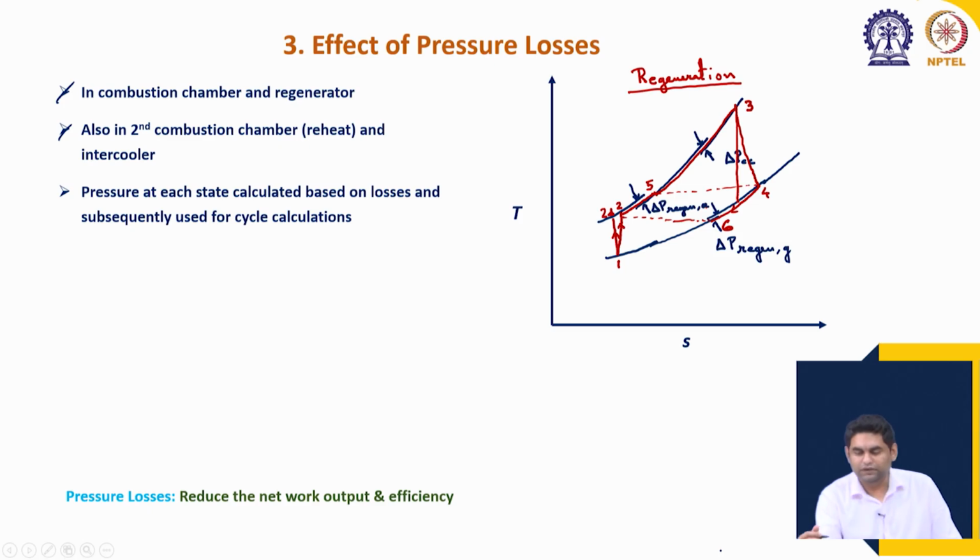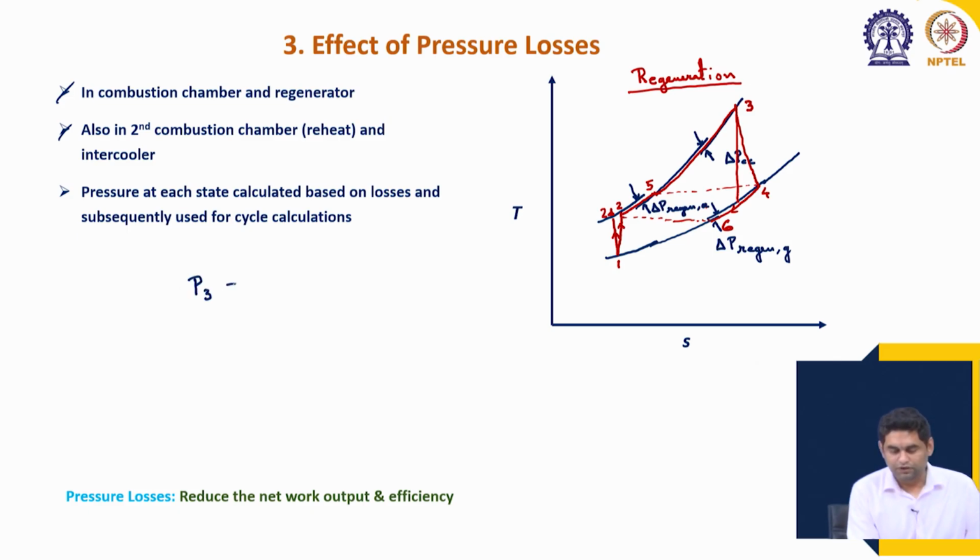So, how are these incorporated in calculations? Let us say we calculate the pressure P3 in terms of P2, so P3 equals P2 minus delta P regen A minus delta P CC.